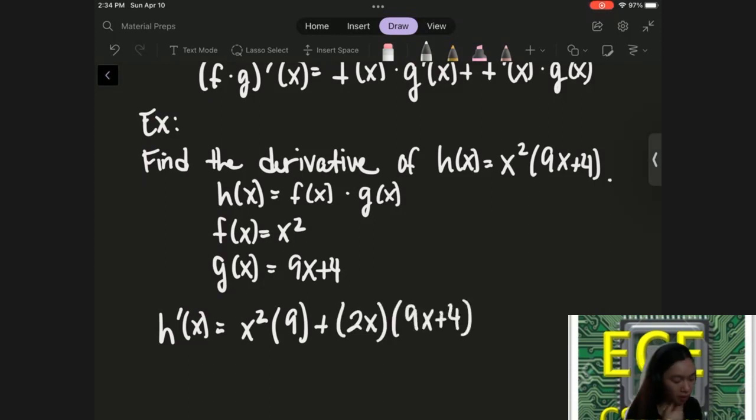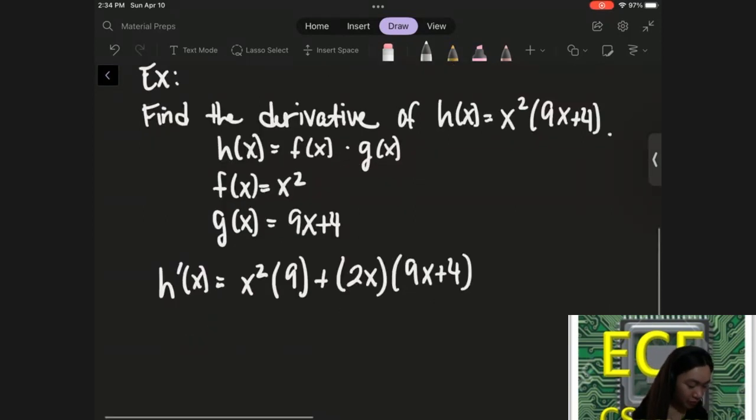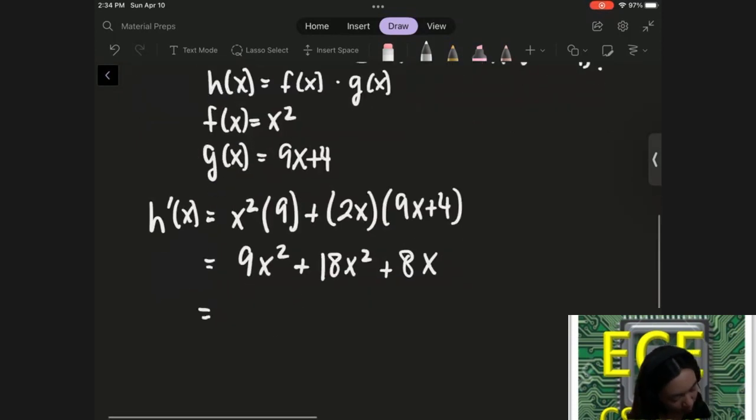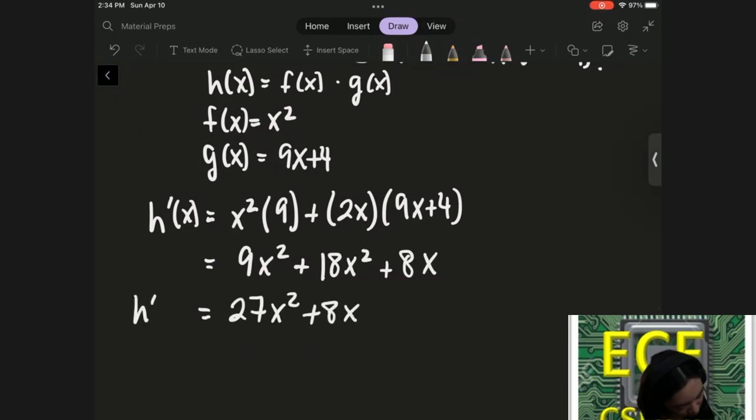From here, we're just going to simplify it all. So this is 9x squared plus 18x squared plus 8x, and that's 27x squared plus 8x. And that's the derivative of h of x.